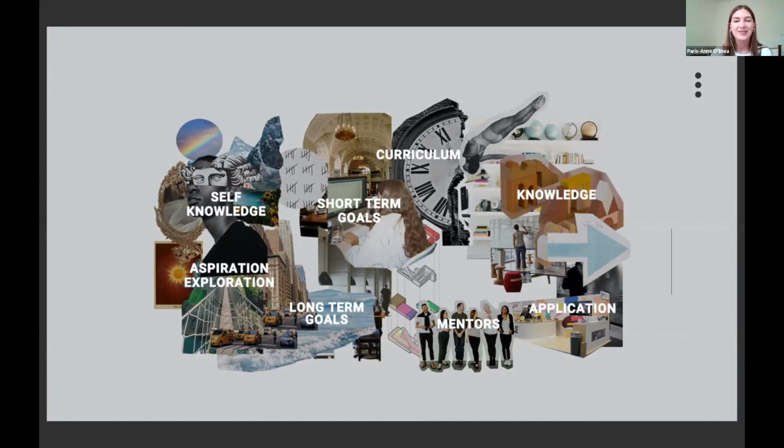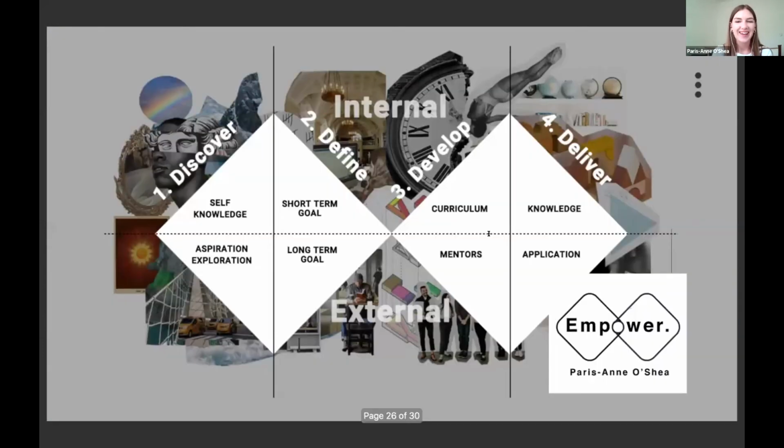So I tried to put it into a nice framework. After noticing the diverging and converging stages, the double diamond came to mind, which I'm sure is ingrained in every designer's mind. So this now is a student-centered system. They go through this process of discovering themselves, defining their goals, developing a program, and delivering on that program.